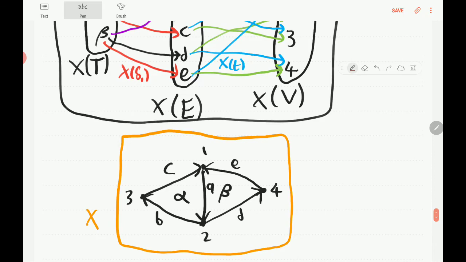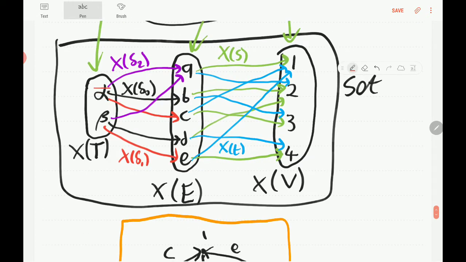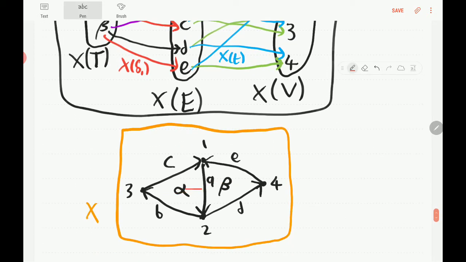So here's a sort of example. We can basically think of each member of X of capital T as a triangle.